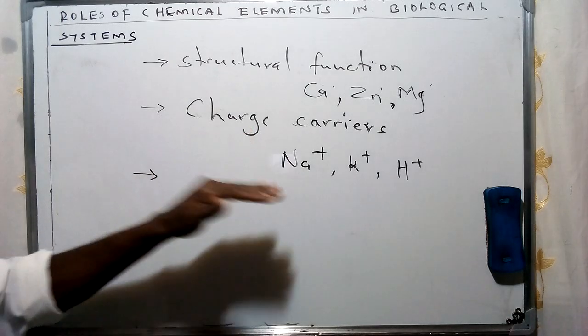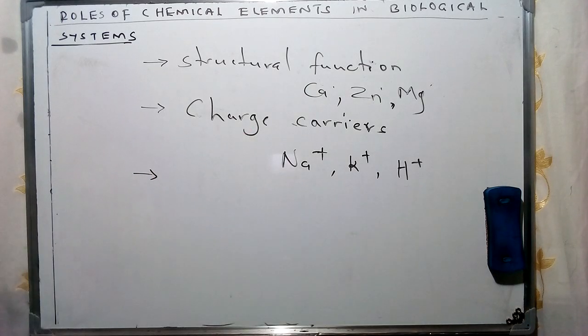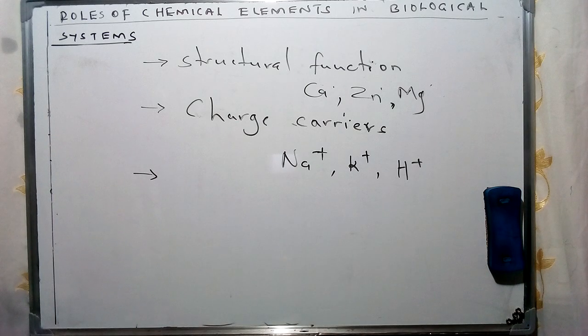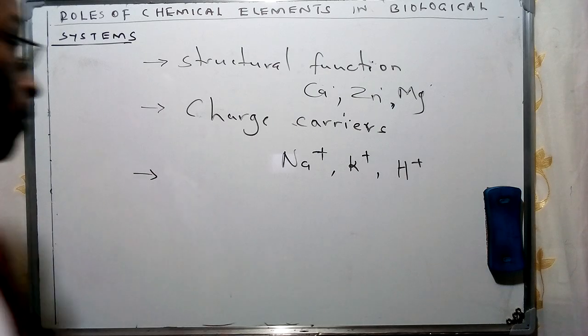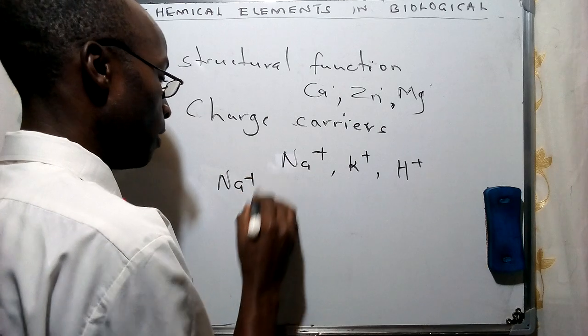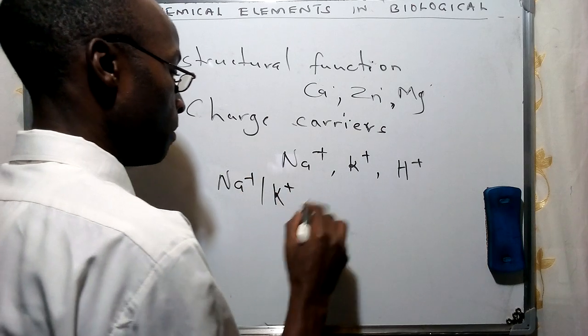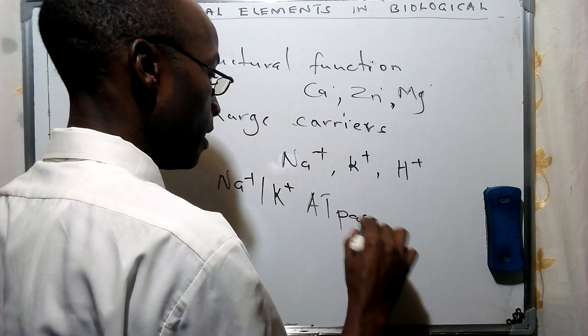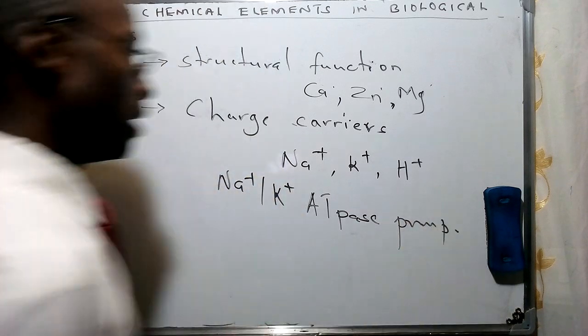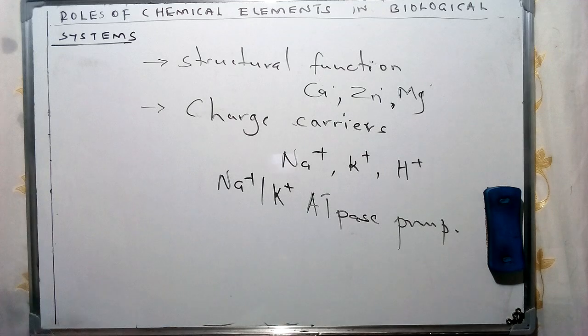Now, for the second case, we're going to see that for charge to move in terms of electrical impulses, this is going to be concerning ions, and therefore we shall have this one given as such. We had mentioned that we can give an example of this specific pump, sodium-potassium ATPase, which is a pump involved in performing this specific function.